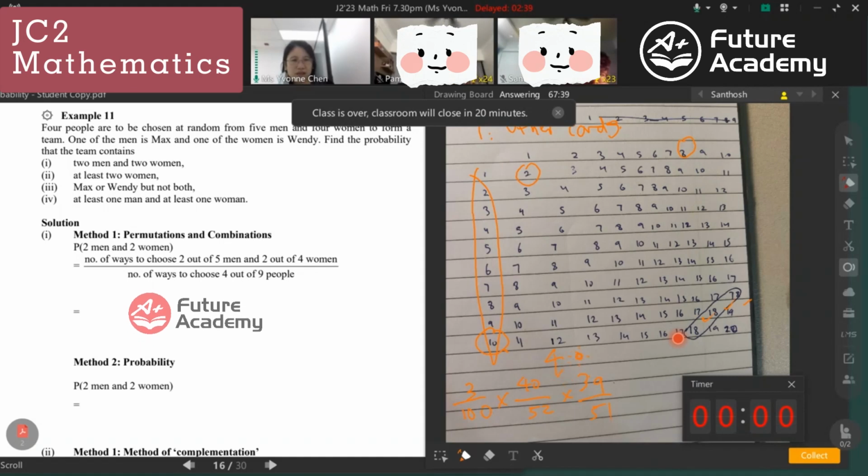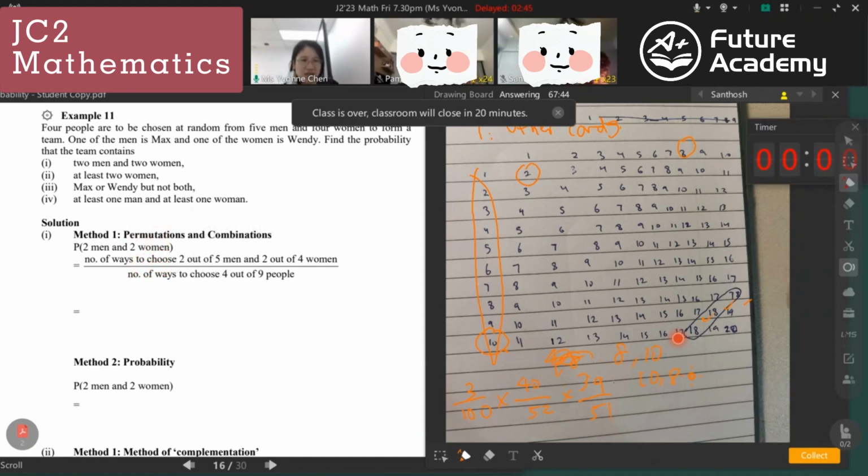For 8 and 10 you have 4 eights and 4 tens, and 10 and 8 is the same. But look at 9 and 9: at first you got 4, the second one you only have 3 such cards. So if you use this method, it's as if there is one set of 1 to 10 number cards and another set of 1 to 10, rather than all the cards put together in one set.